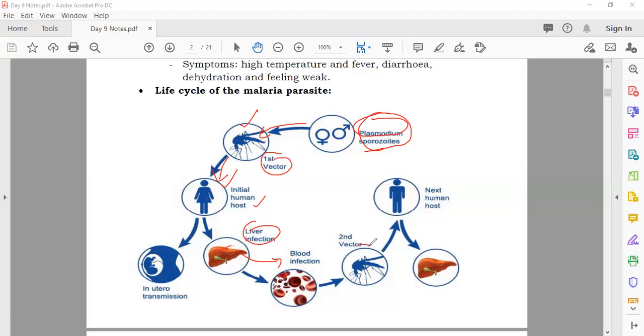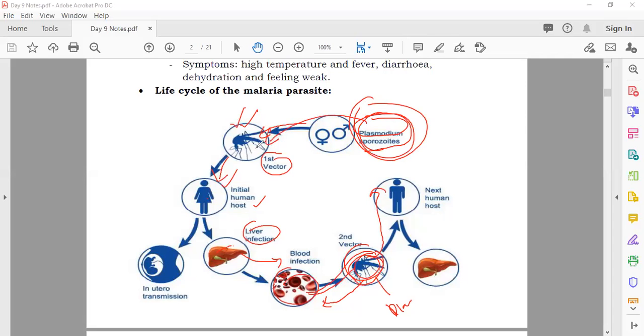And then if another mosquito, which right now does not have plasmodium, bites a person who already has plasmodium inside his body, it will take that plasmodium inside it, and then it will transfer it to another human. Did you get my point? So here plasmodium first goes to a mosquito, not from a human but from the environment.